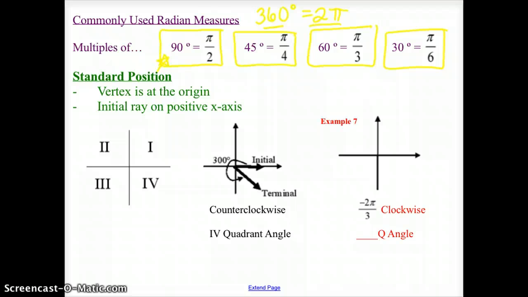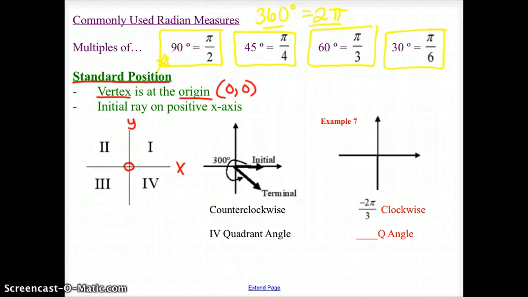The next thing we need to talk about is standard position. Standard position is when the vertex is at the origin, so 0, 0. The initial ray is on the positive x-axis as well. So on the xy axis, you have quadrants 1, 2, 3, and 4. Here is your origin.